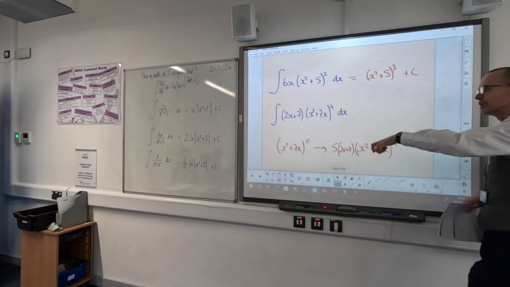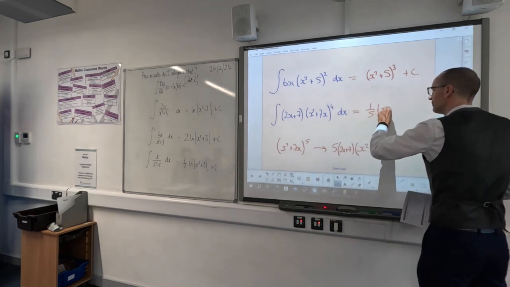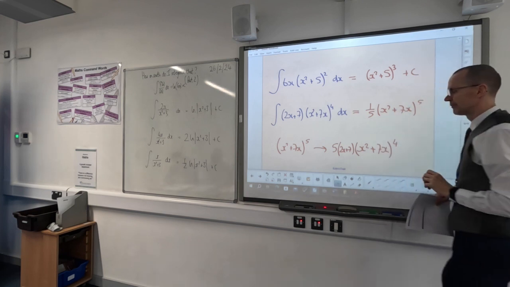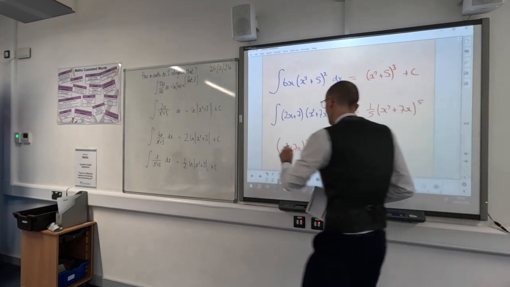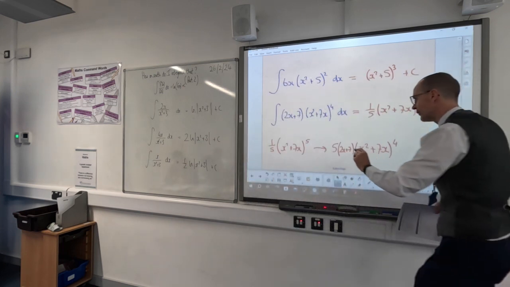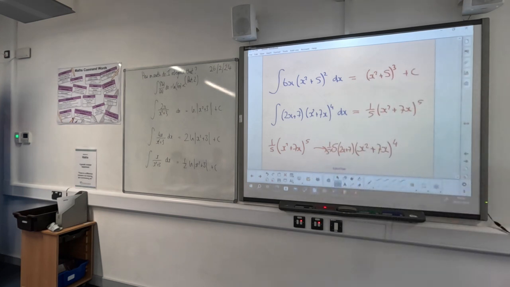That's 5 times too small, so the answer must be 1/5 of that. And if you don't believe me, then try and differentiate 1/5 of that. That 1/5 is a coefficient, so that's going to pass through unchanged. 5 times 1/5 is just 1. It does work.